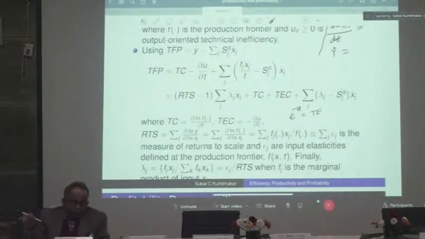That one I'll be talking about separately. What do you mean by not using the inputs efficiently? Meaning that we know that if you are maximizing profit, the inputs have to be used in a particular way. Remember that rule is this: the value of the marginal product has to be equal to the cost, right? And that's very simple.